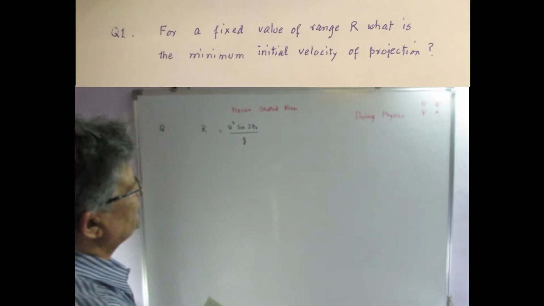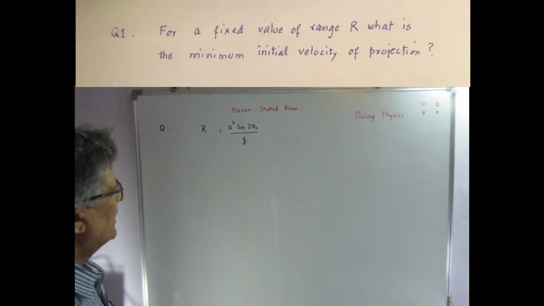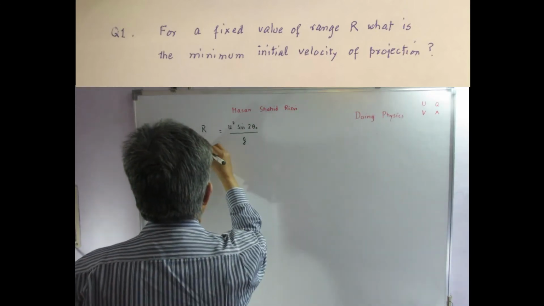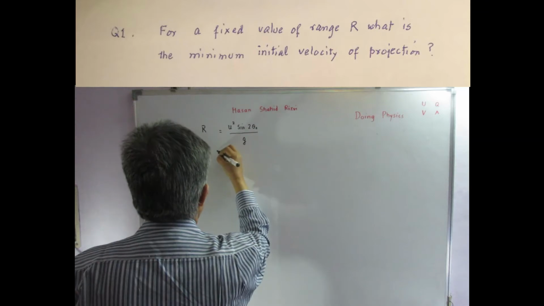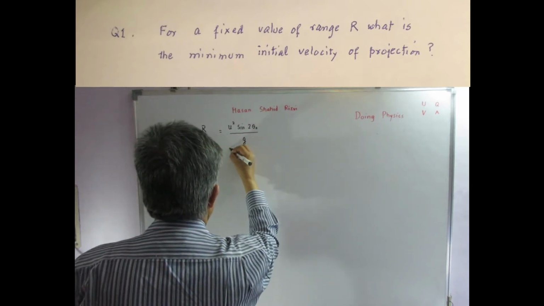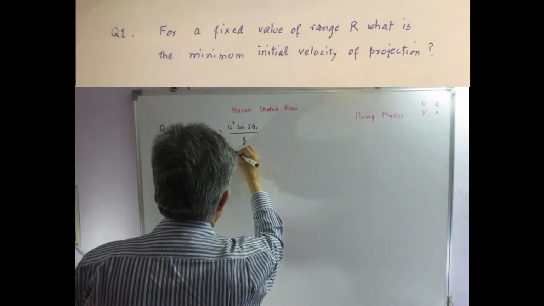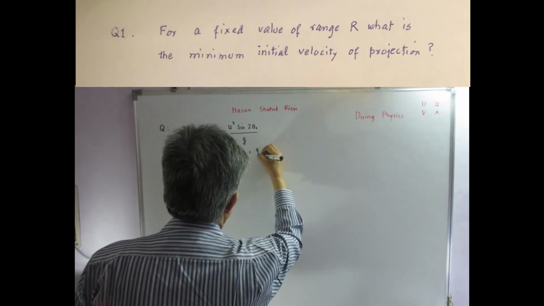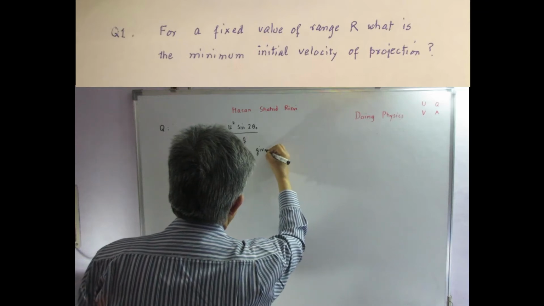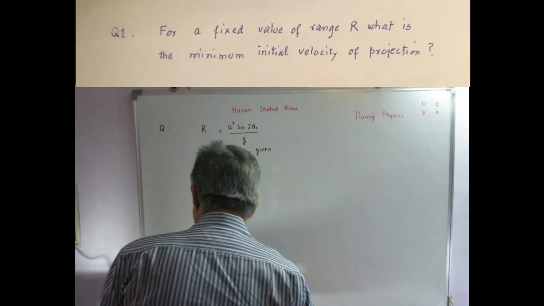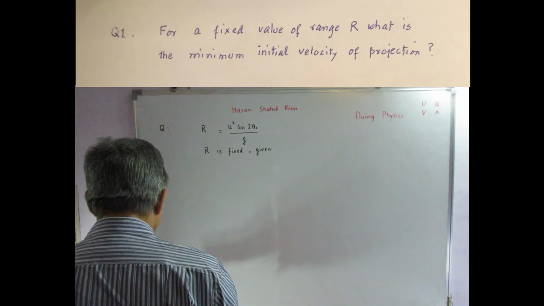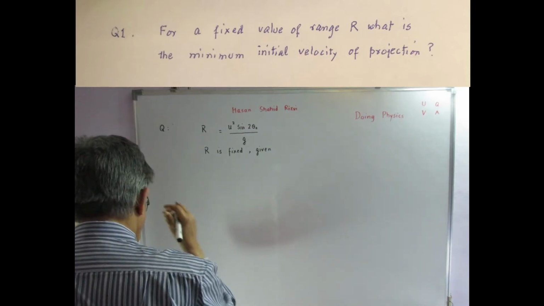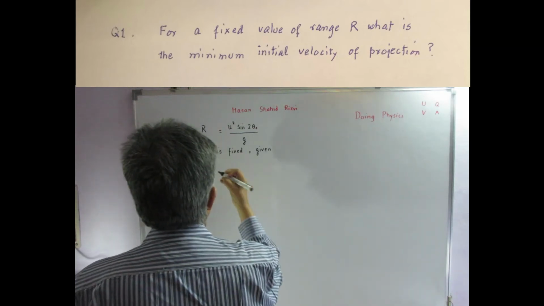Now what is given to us is the value of R. R is fixed, given. The range is known to us, and then we have to find u minimum.